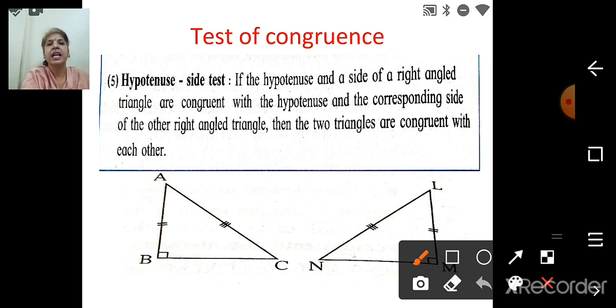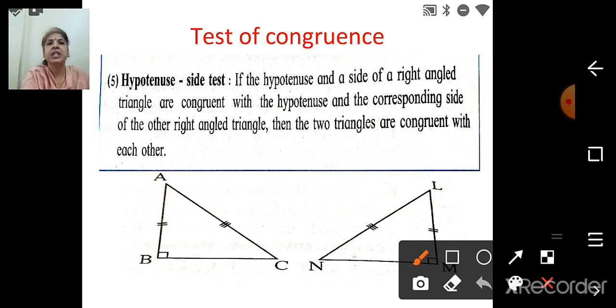Now in triangle ABC, B is the right angle. So which is the hypotenuse? The side opposite to B, that is AC. AC is the hypotenuse. And in the other triangle LMN, M is the right angle, so the side opposite to M is LN.